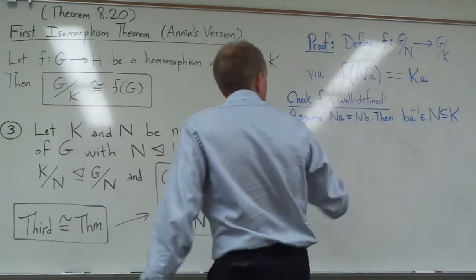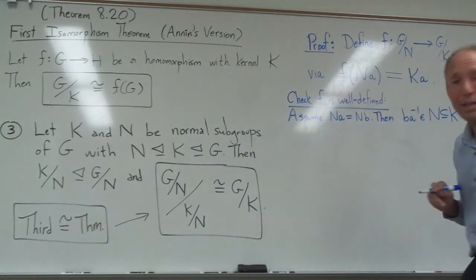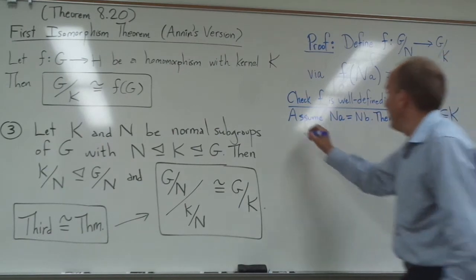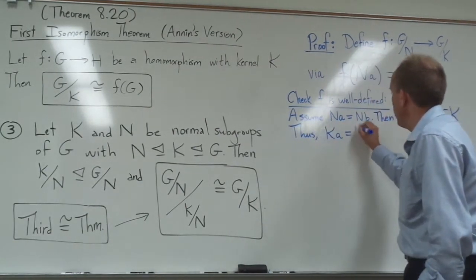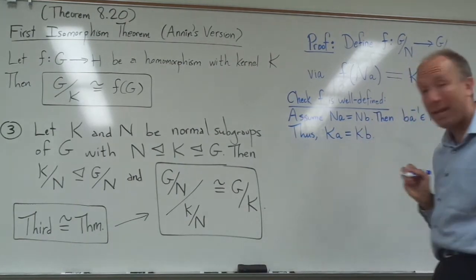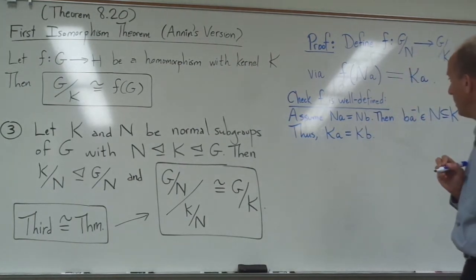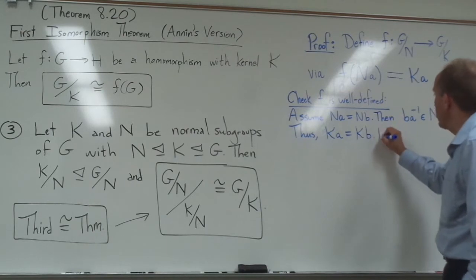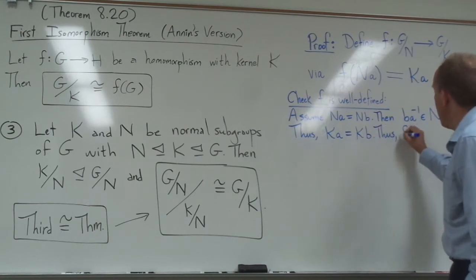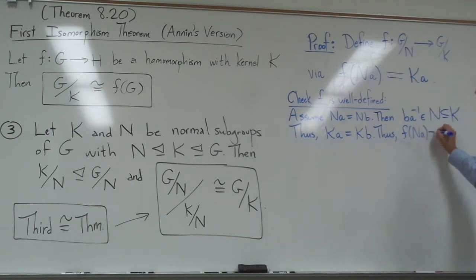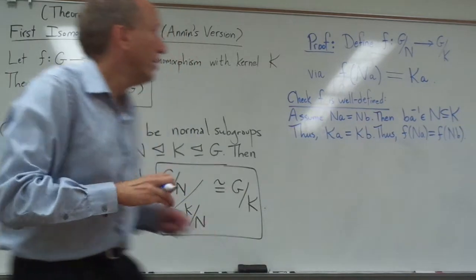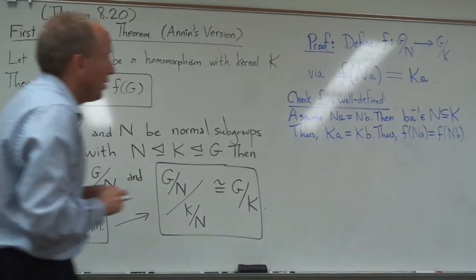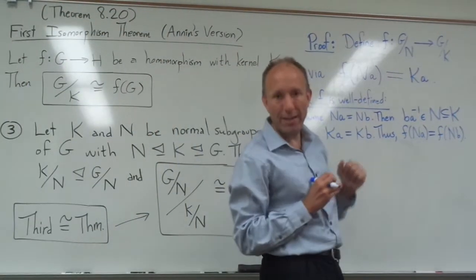And that means that ba inverse is actually inside of K. And thus Ka will in fact be equal to Kb, right? And that means that therefore f of Na does in fact agree with f of Nb. Okay, so this is a very quick little verification that my function is well defined.